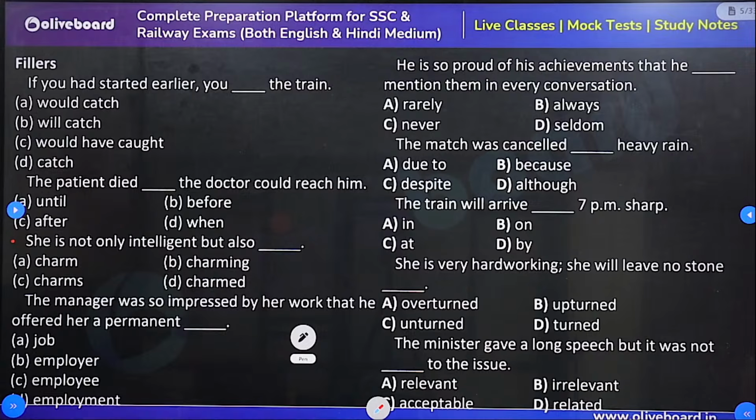Waiting for your responses. Shivani done. What about this? She is very hardworking. She will leave no stone.